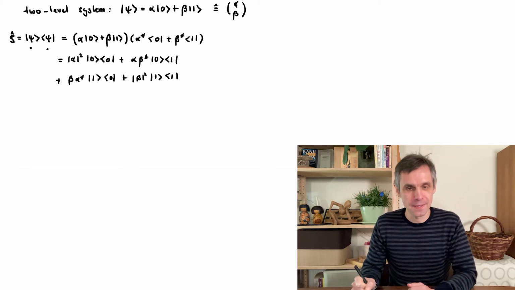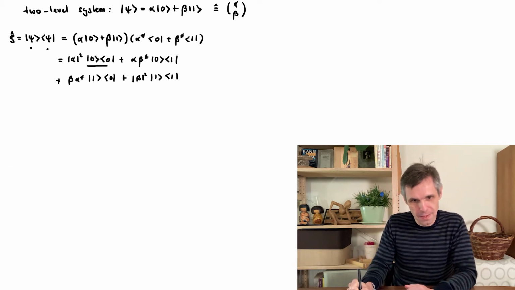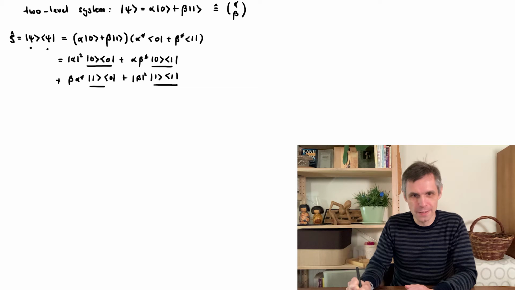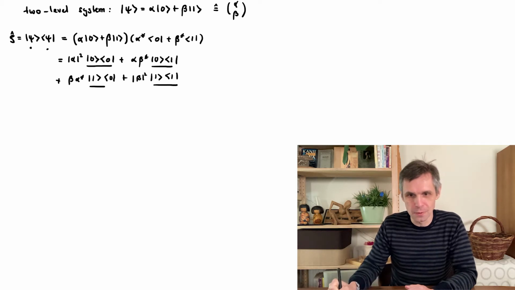I've ordered everything so that we have really the placeholders for the different elements of a matrix. The entries are 0,0, 0,1, 1,0, and 1,1, so that we can directly translate this into the corresponding matrix.